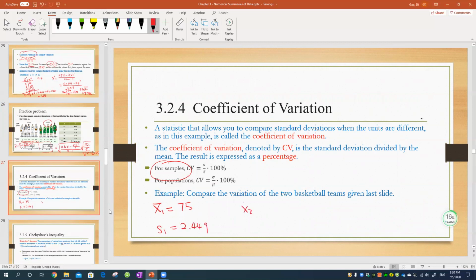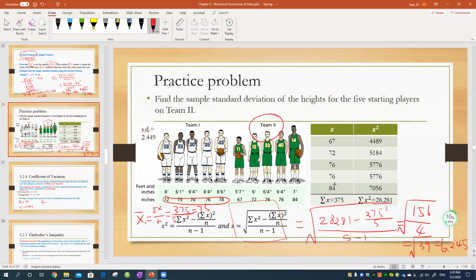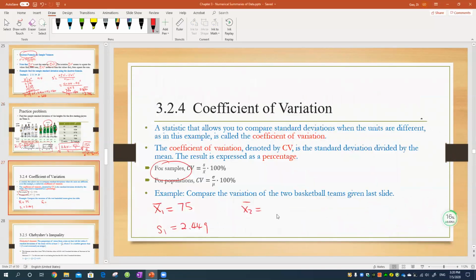And then x2 bar for team 2 equals still the same thing, 75, and then s2 equals 6.245.